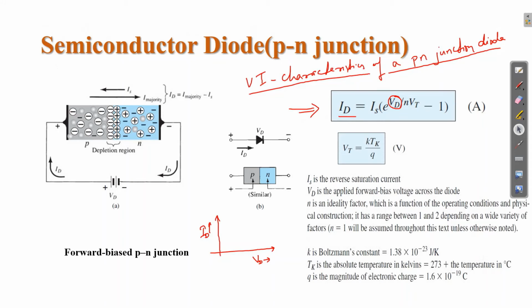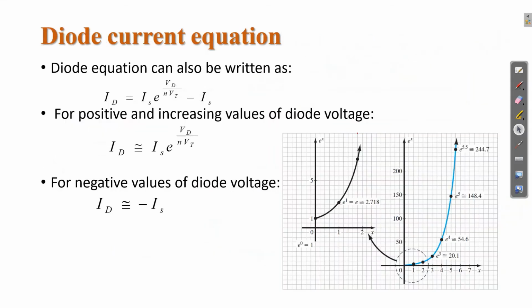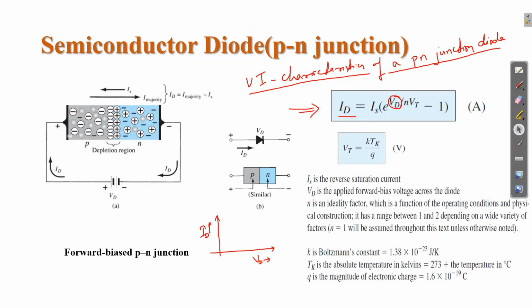So before going to the exact plot of this diode equation, let us try to understand how this diode equation behaves for different values of VD: for positive values of VD, for negative values of VD, and when VD is 0. If you see this diode equation, ID is equal to IS multiplied by e to the power VD upon NVT minus 1. You can break this equation into two terms.